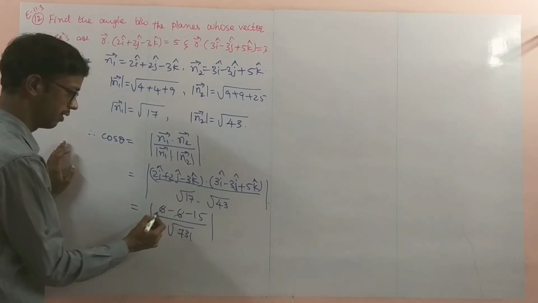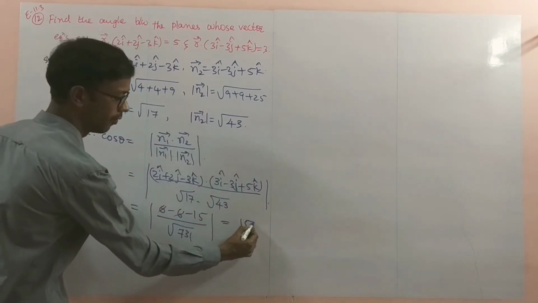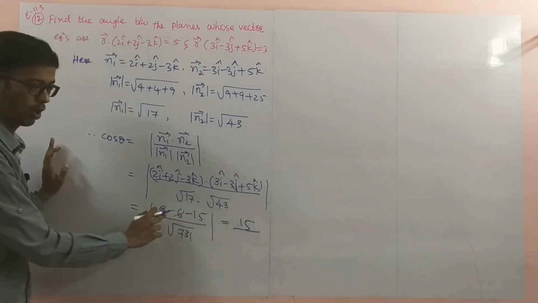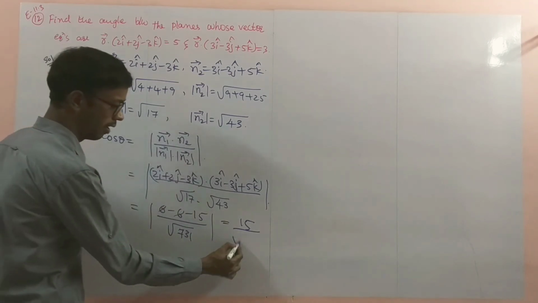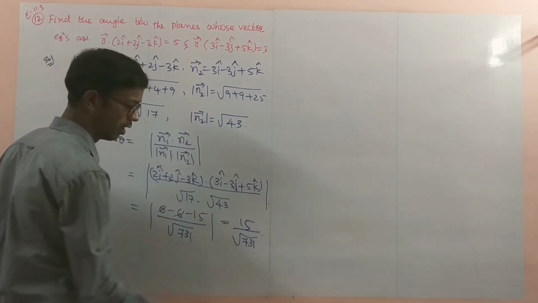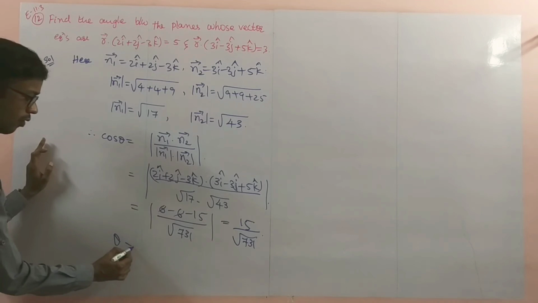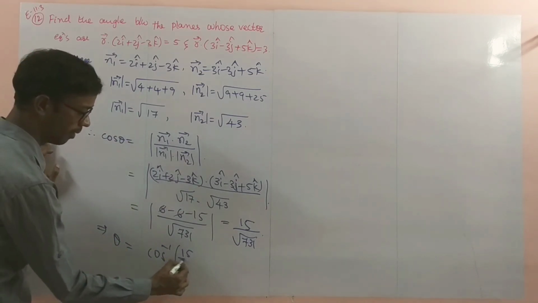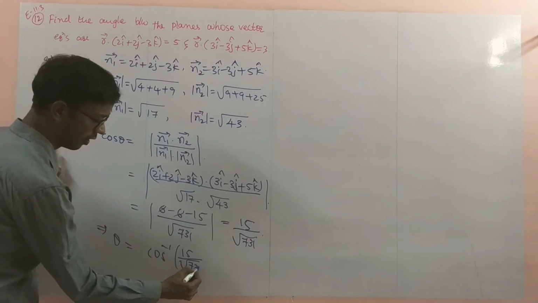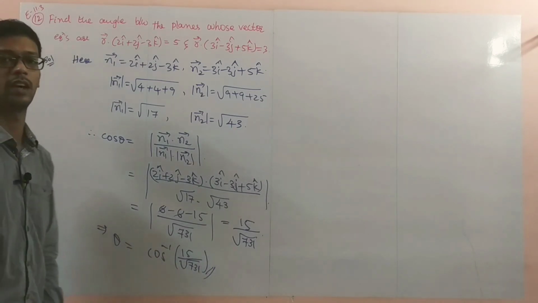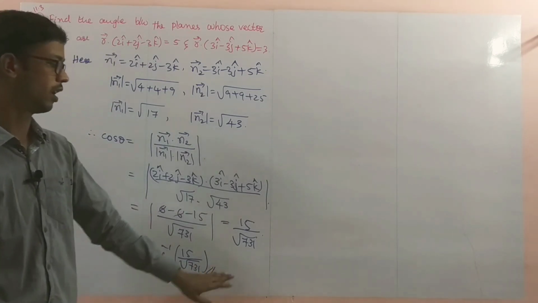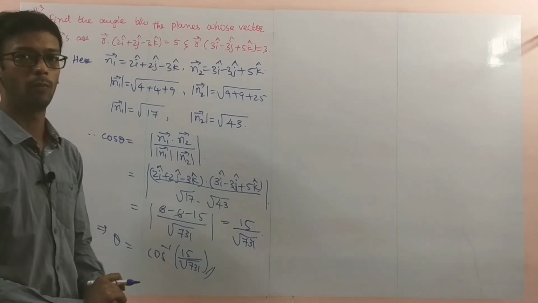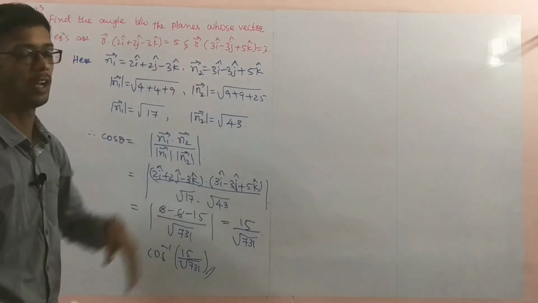Mod is there, so 15 by square root of 731, the negative is removed only for this mod purpose. Theta equal to cos inverse of 15 by square root of 731. So this is the angle between two planes, the planes in vector form.